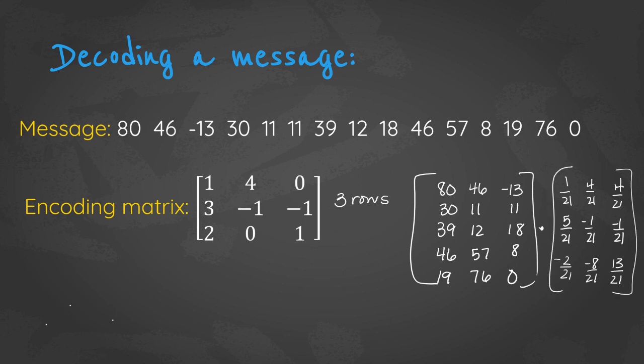Now, I want to keep this matrix, because I don't want to have to re-enter it again. So we want to keep this coding matrix, the inverse of it, so that we can multiply by the message matrix.